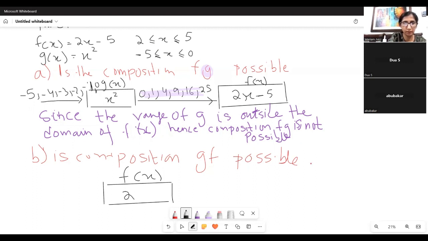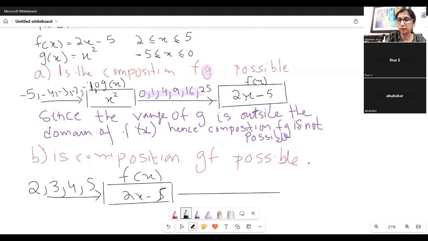Okay, f(x) is 2x minus 5. What are the allowed input values of f(x)? 2, 3, 4, and 5. Yes. If these are the allowed input values, then what would be the output produced by f(x)? -1, 1, 3, 5. -1 is correct.